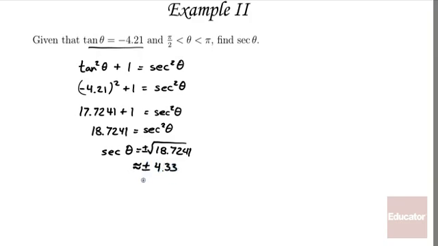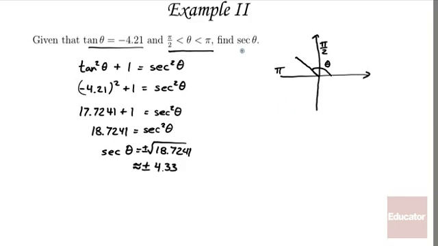The question here is whether we want the positive or negative square root. And that's where we use the other piece of information that was given in the problem. Theta is in the second quadrant here. Theta is between pi over 2 and pi. So theta is somewhere over here.